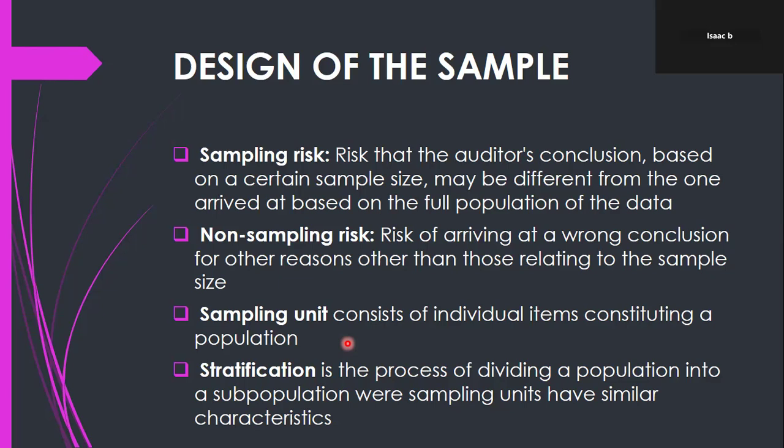So if you are sampling, then you discover that these particular items have got similar characteristics, then you bundle them together, you aggregate them, then that's what's called stratification. Stratification. So this is a process of dividing a population into subpopulations where sampling units have similar characteristics.